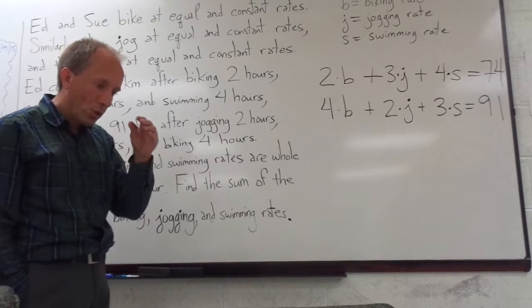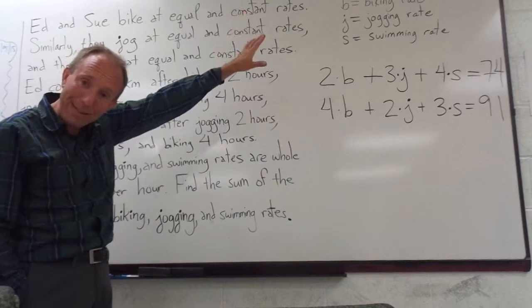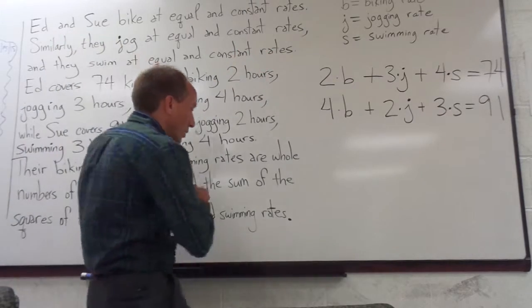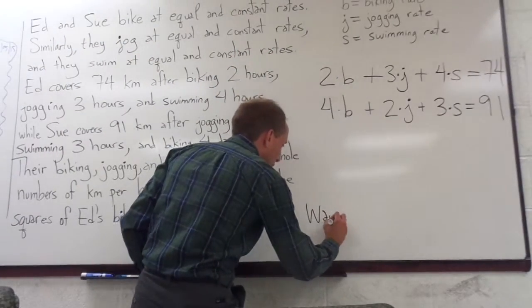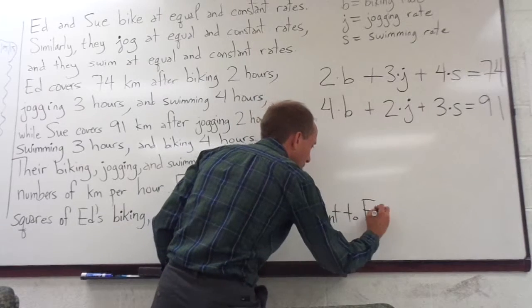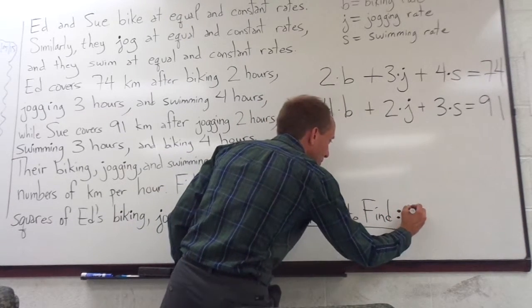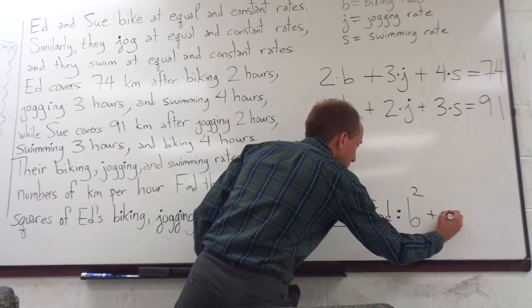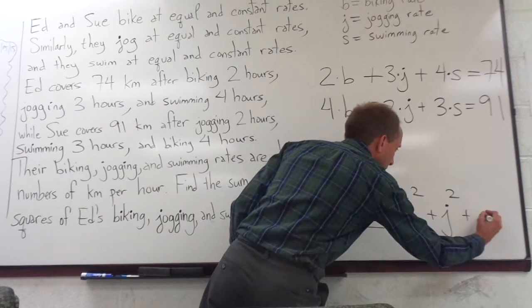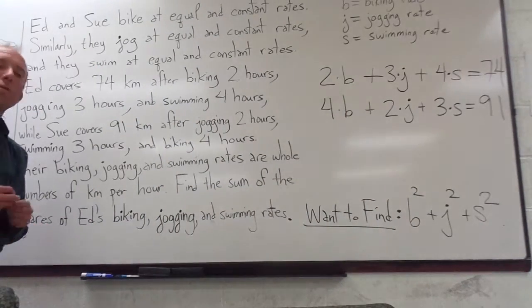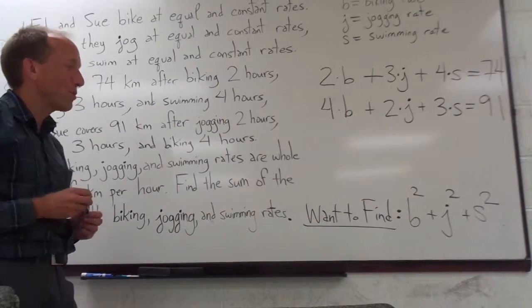So that means I have to square each of these three rates and add them up. Right? So in other words, it's never a bad idea to write down what it is that we are trying to do here. So what we want to find is B squared plus J squared plus S squared, right? Those sums of the squares of those three rates.